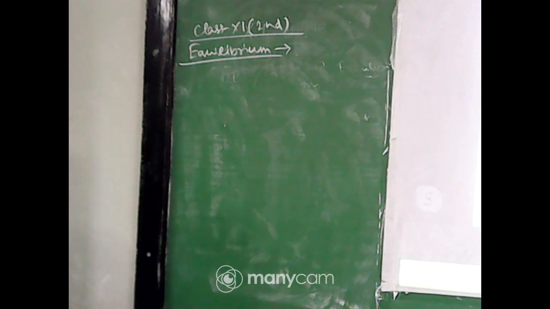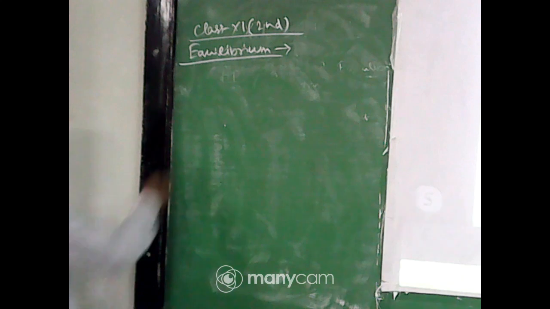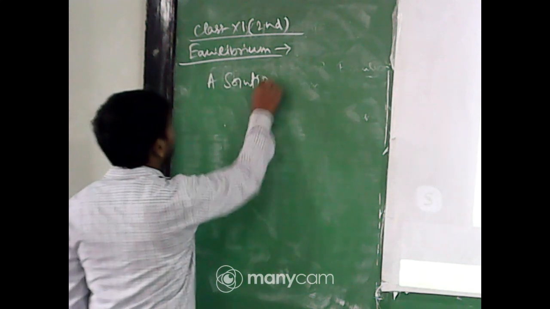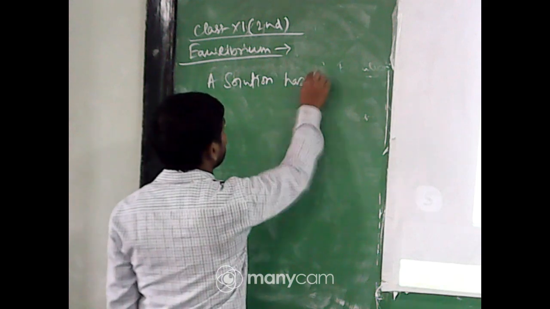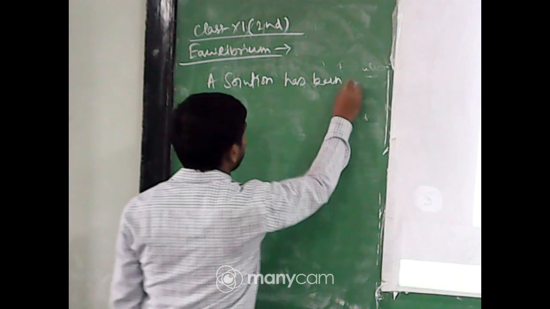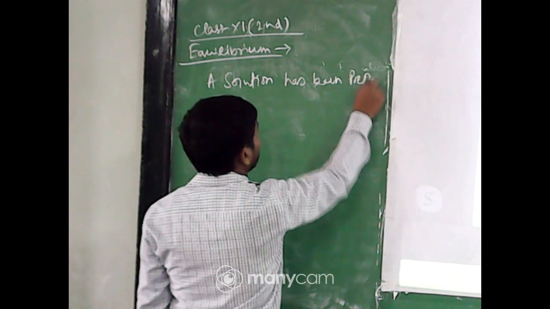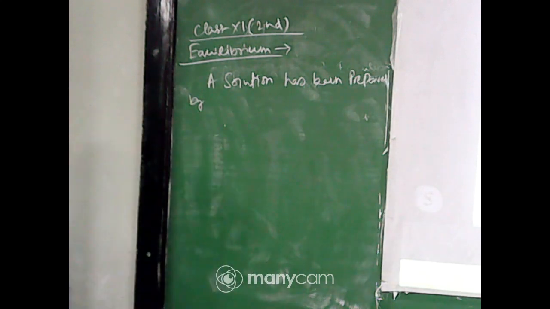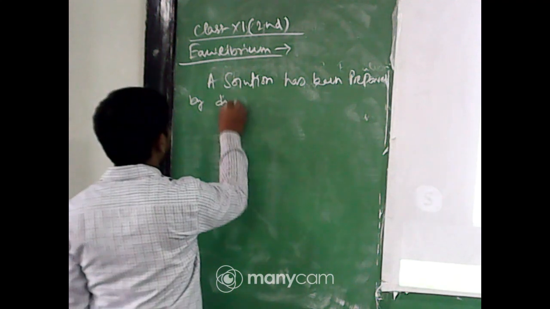Okay, write it down. A solution has been prepared by dissolving 0.63 gram of nitric acid in 100 ml water.